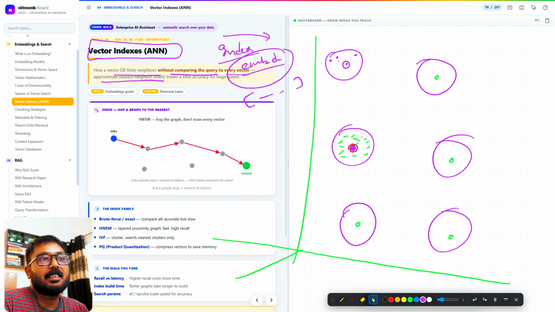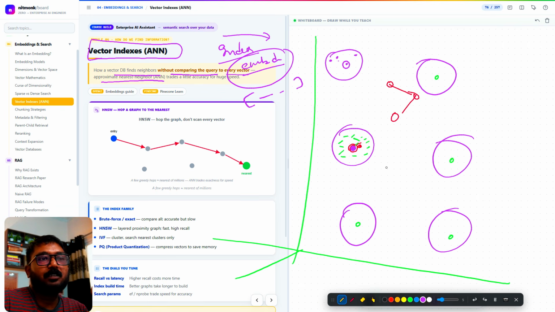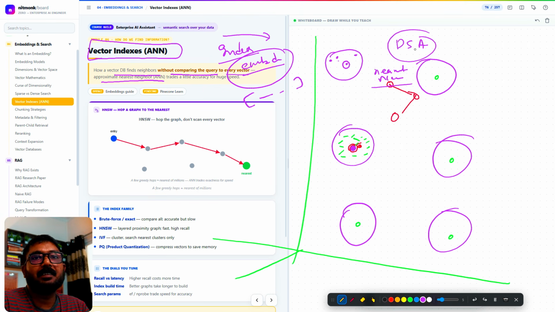Once these centroids are there, you will be able to traverse, like we used to do graph traversal, from one node to another, and we try to figure out the nearest neighbor, right? Many people ask why DSA is really critical, and this is the reason. You have to understand DSA, otherwise you will not be able to understand computer science, software engineering, AI agents and everything. So DSA is really critical. It's really difficult, but it's really critical to understand, right?